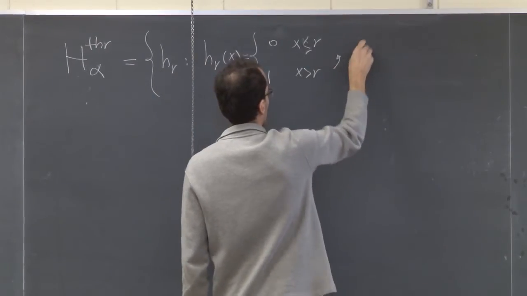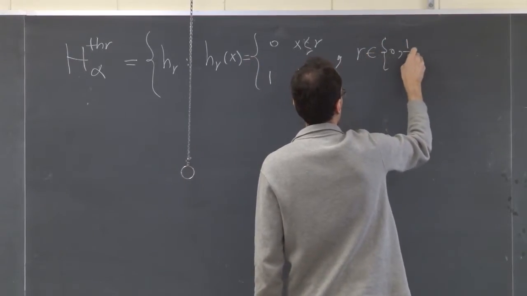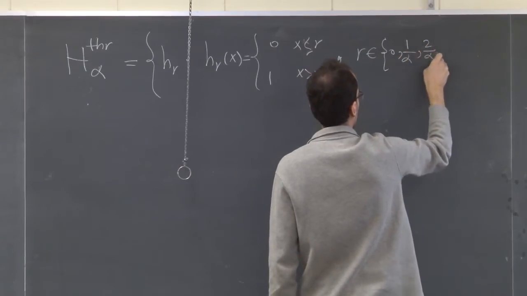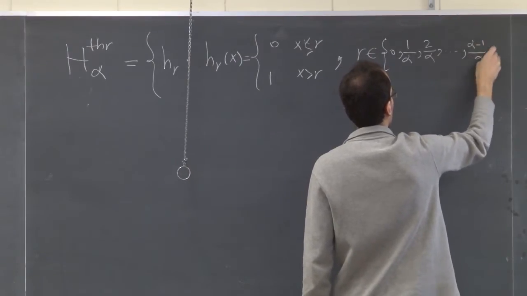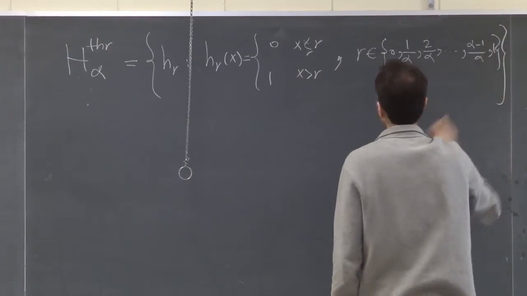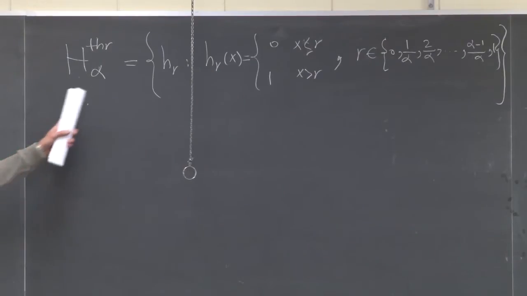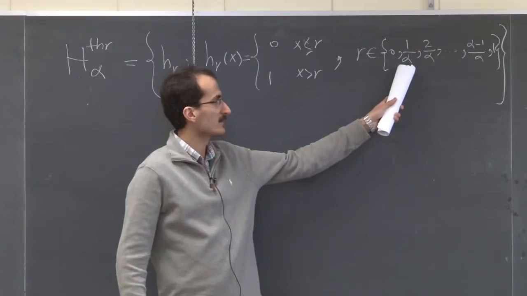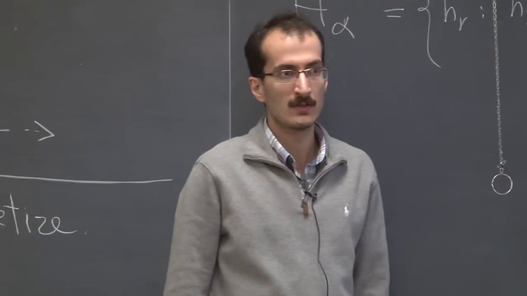But this time we just allow some discrete values for the threshold.